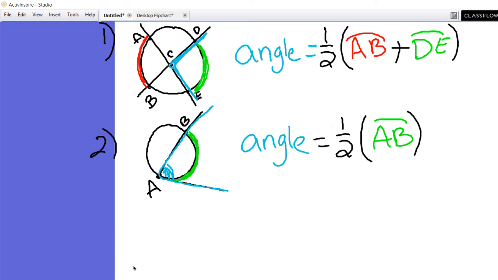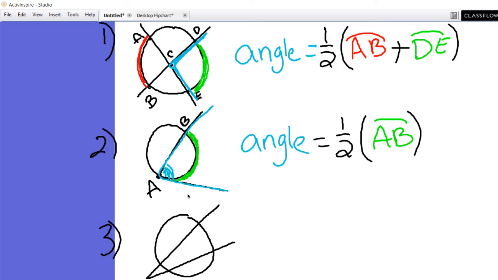The last formula we will be using is for whenever I have a circle and I have either two secants with my angle on the outside, or two tangents and the angle is on the outside. So I'm going to mark my points first.